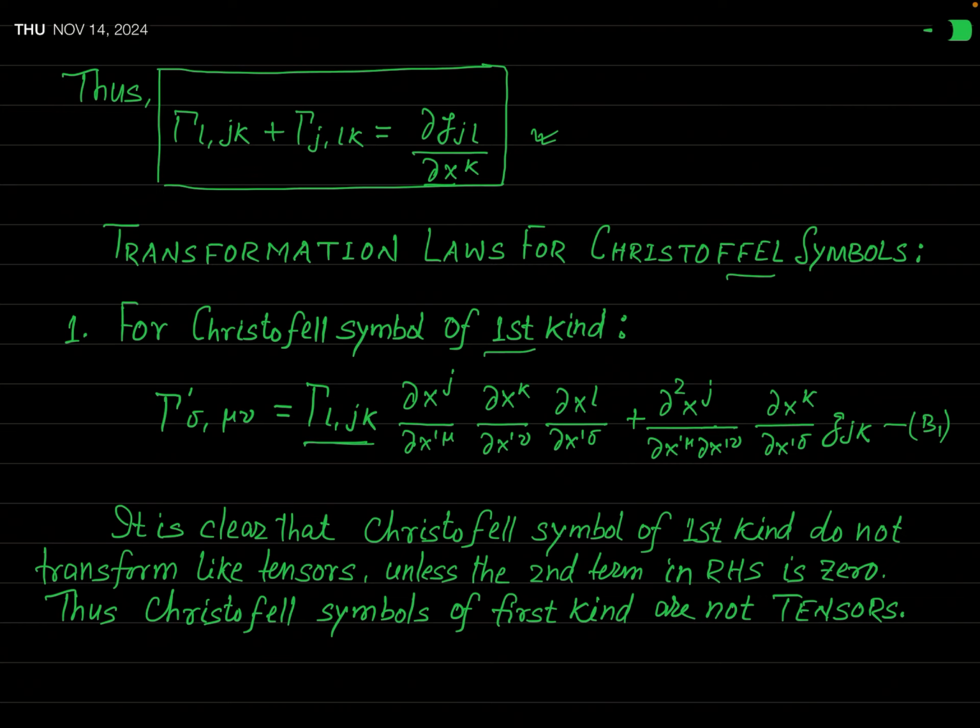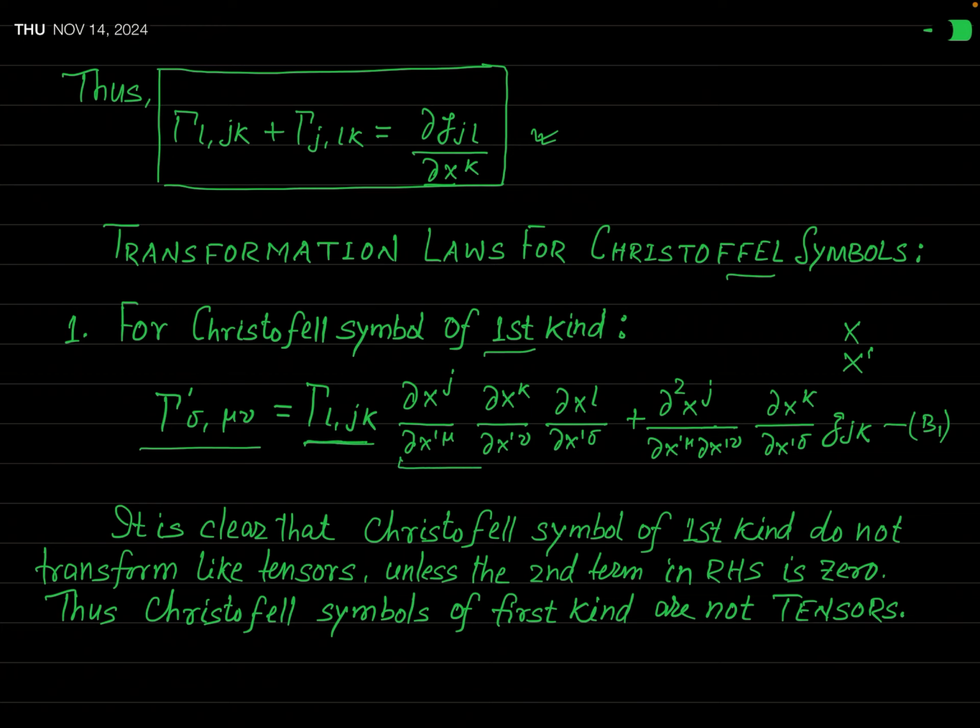If gamma LJK are the Christoffel symbols in a coordinate system having coordinates, let us say, x, and its components in another coordinate system, let us say x prime, are gamma prime sigma mu nu, then this gamma prime sigma mu nu will be equal to gamma LJK.